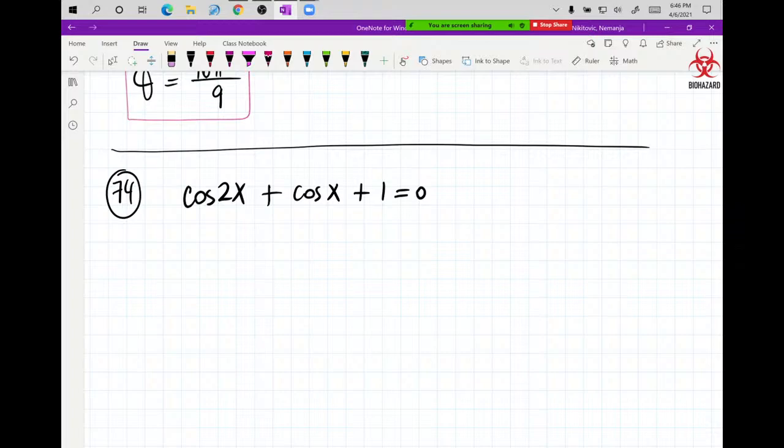So we have to use trigonometric identities to get rid of the double angle. Now, luckily, we learned the double angle at some point. And we know that that's cosine squared x minus sine squared x plus cosine x plus 1 equals 0.